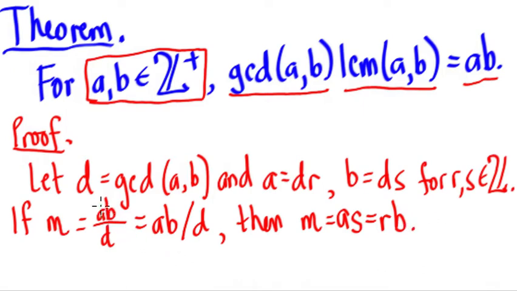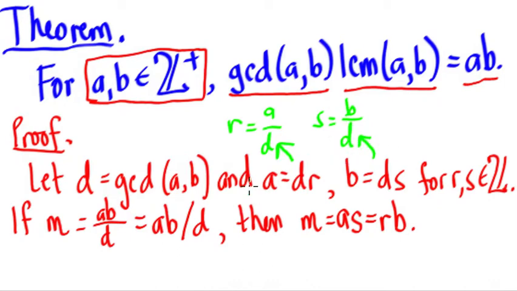Take note from A times B over D, we can get these values. How? Recall in this equation over here, we can get the value of R. What's the value of R? R is equal to, transposing the D to the other side, A over D. And here we can also get the value of S. Transpose the D to the other side, so we have B over D.